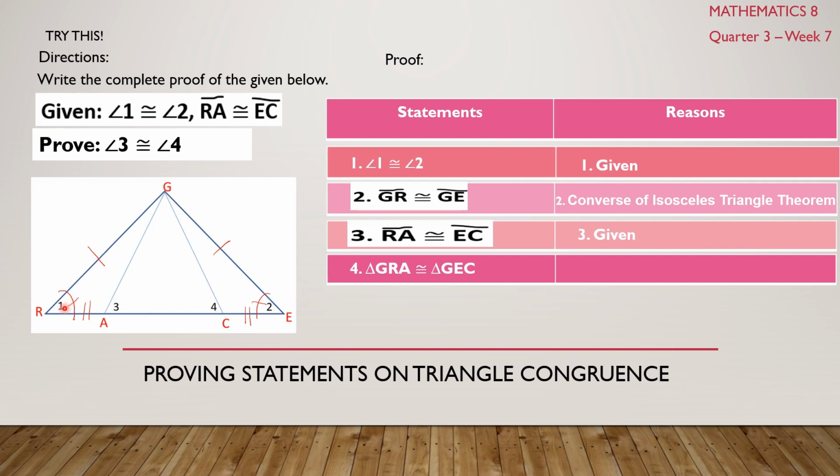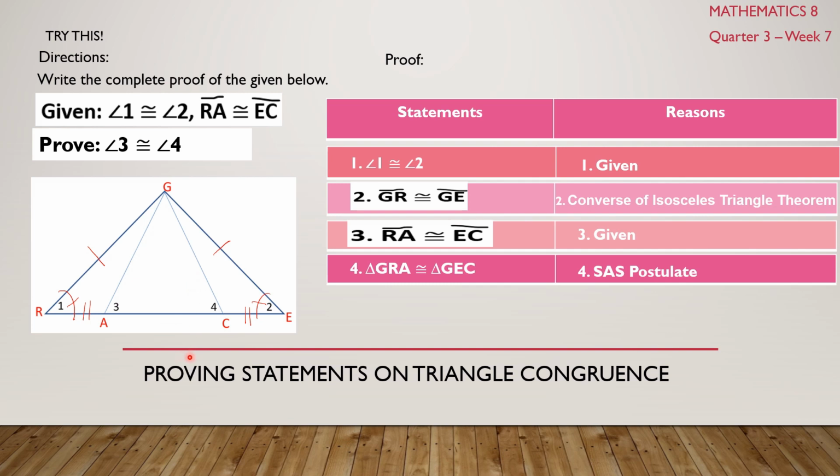Side, angle, side. Side, angle, side. So, our reason is SAS Postulate. This postulate states that if the two sides and an included angle of one triangle are congruent to the corresponding sides and an included angle of another triangle, then these two triangles are congruent.